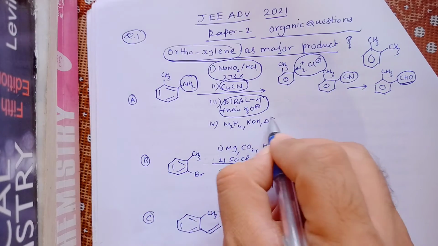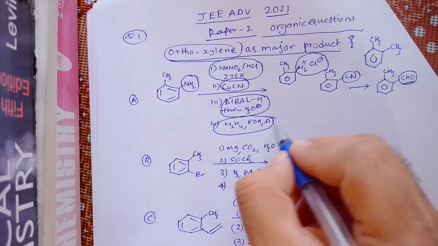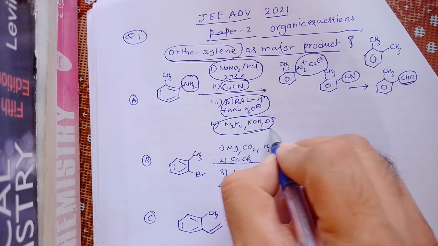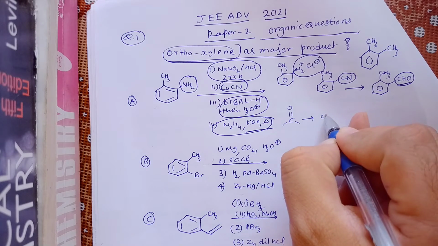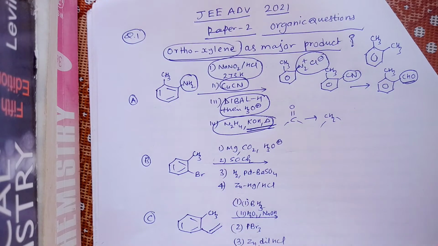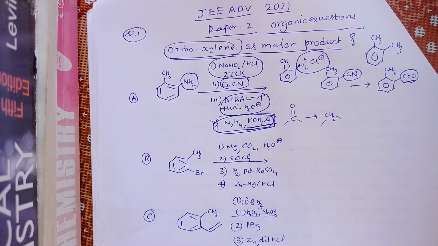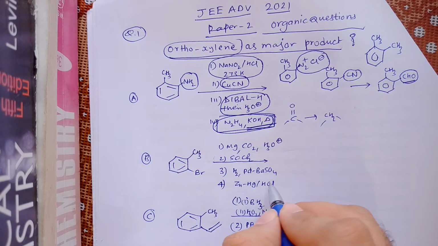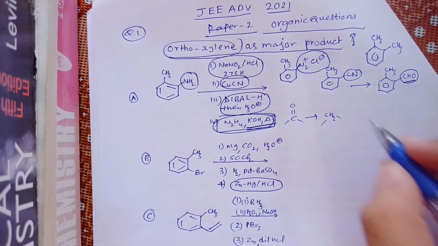Now in the fourth step, there are two types of reactions to change C double bond O to CH2. One is in the basic medium and another is in the acidic medium. The basic medium reaction we know is Wolff-Kishner reduction, and the acidic medium reaction, like in this option, is called Clemmensen reduction.